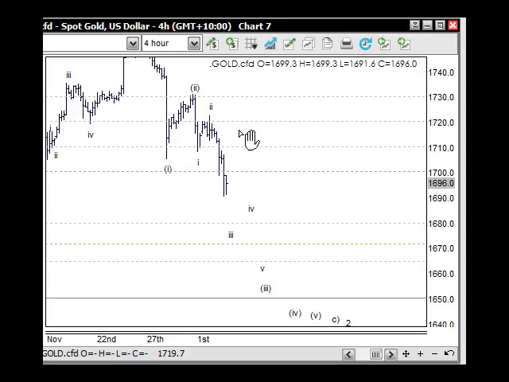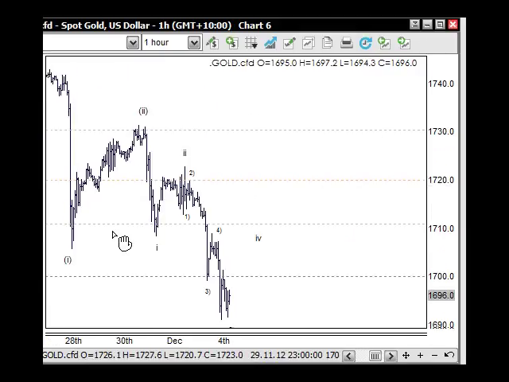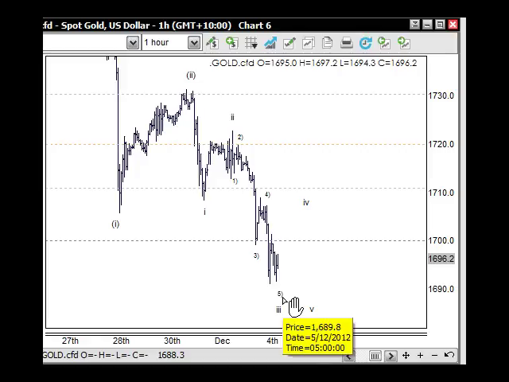So if we break this structure down here a little bit further as well, we can start to get a better idea of it. So we've got 1, 2, and we're in the 3rd wave coming down. So we've got wave 1 here, wave 2 here, we're in wave 3 here, and in wave 3 here, it does appear that we've got the 5 waves in there in terms of the 1, the 2, the 3, the 4, and the 5 either to here or one more little push down into here, and then we'll see a wave 4 come back.